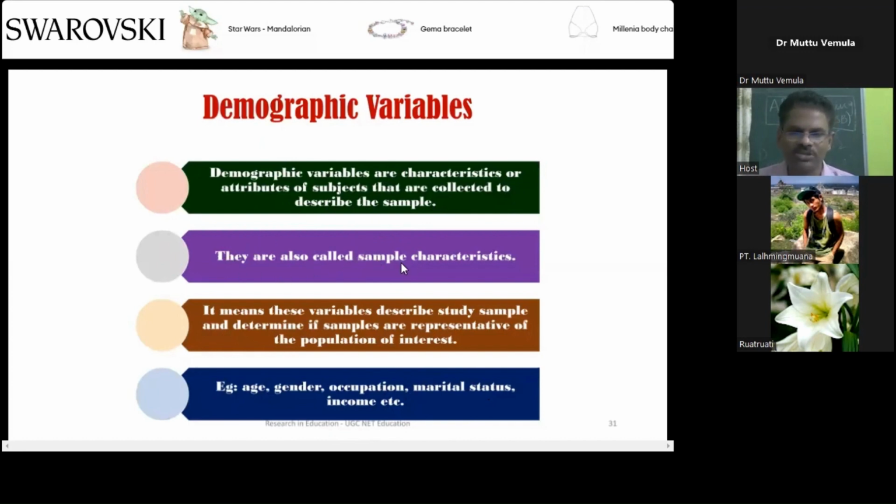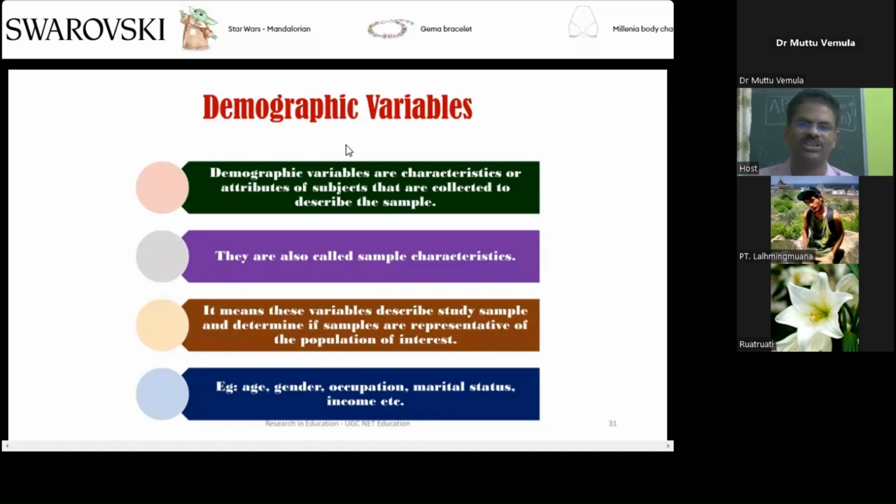They are also called sample characteristics. Sometimes we call demographic variables sample characters because all these are related to your sample: age, gender, occupation, marital status, income. It means these variables describe the study sample and determine if samples are representative of the population of interest.